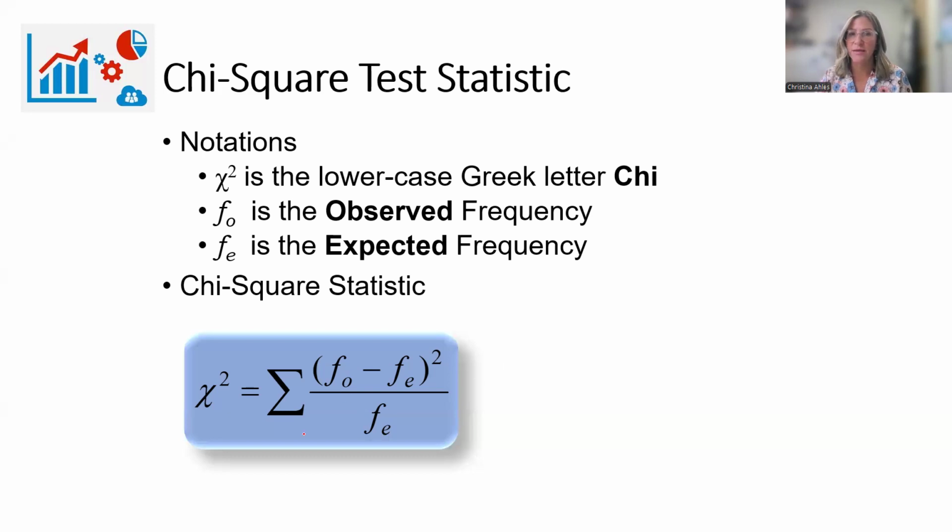So if you'll notice, it's the summation of f sub O minus f sub E, squared, divided by f sub E. So basically, you just subtract the expected frequency from its observed frequency, square that difference, divide it by the expected frequency, and then add to the next one, and you'll see what this looks like. So for each category, you're going to have a little chi-square fraction.